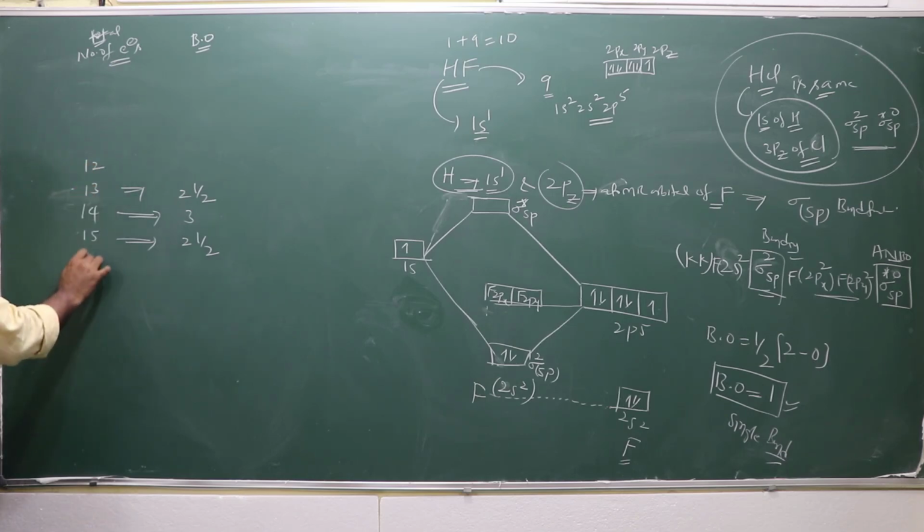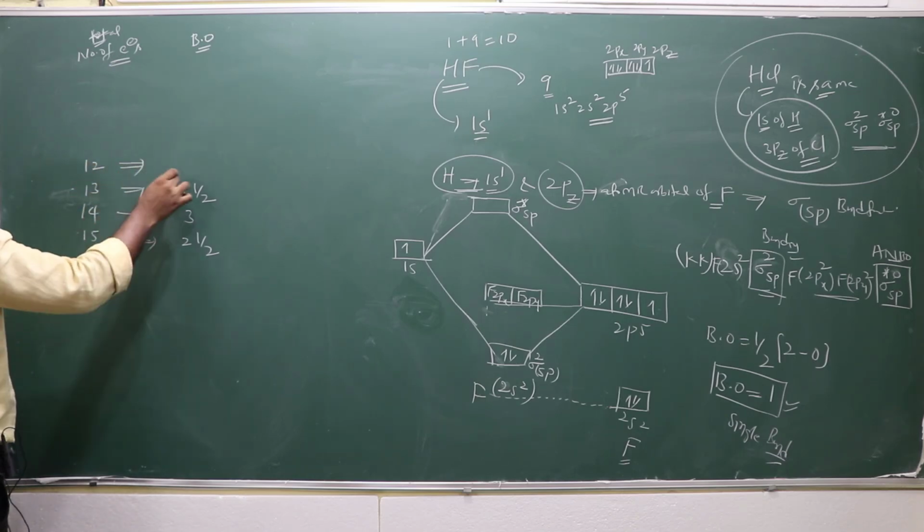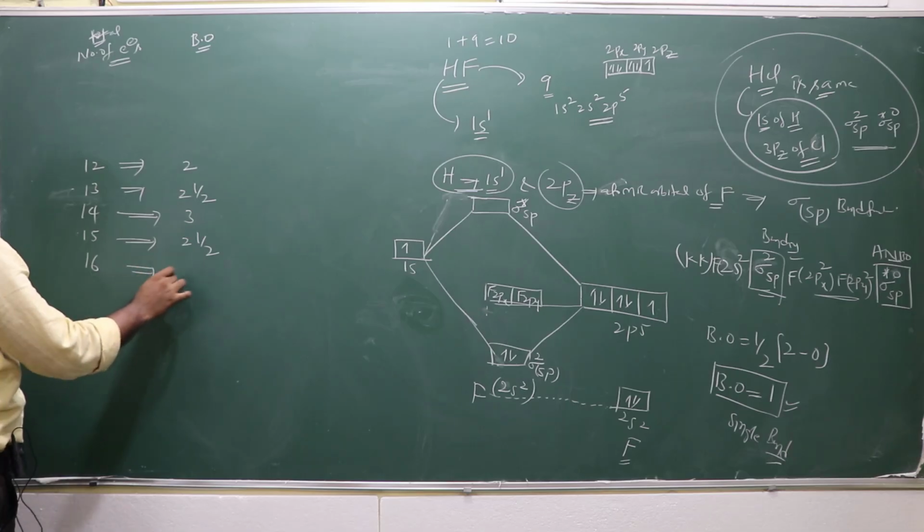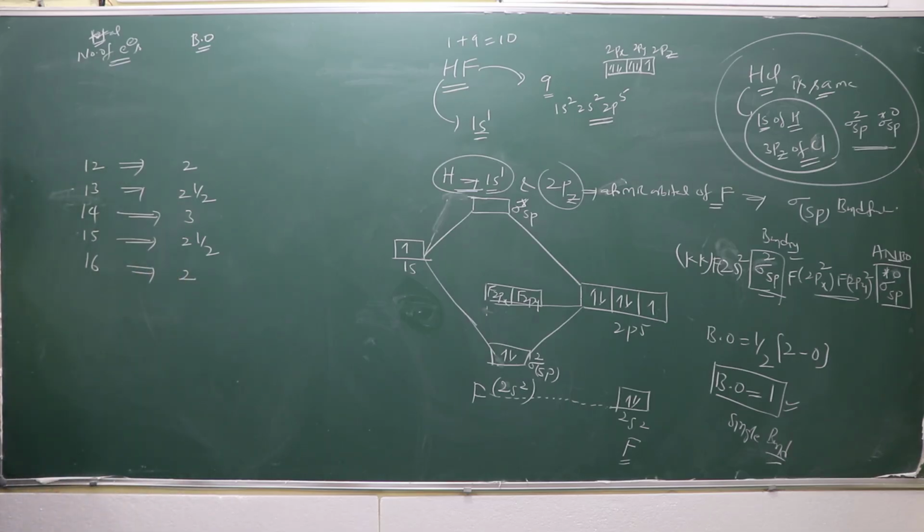If it is 12 electrons or 16 electrons, the bond order is 2. If it is 16 electrons, bond order is 2.